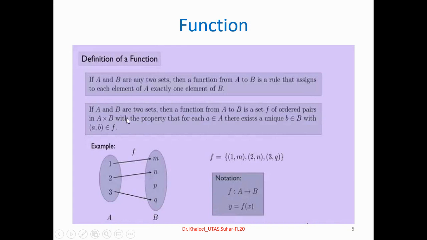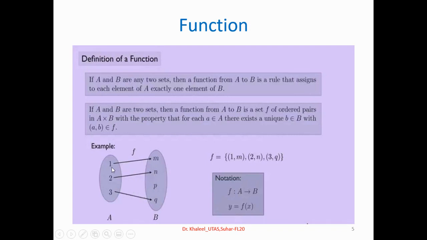Let me give you the definition of the function in the form of a Venn diagram. We have a set A with three elements 1, 2, 3, and a set B with four elements m, n, p, q. 1 is related to m, 2 is related to n, 3 is related to q.